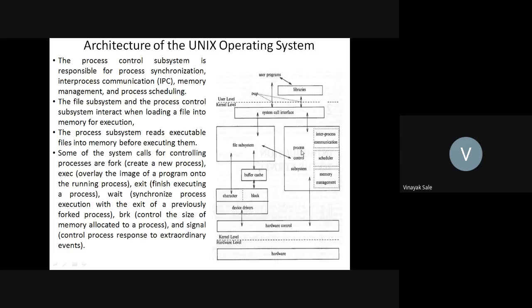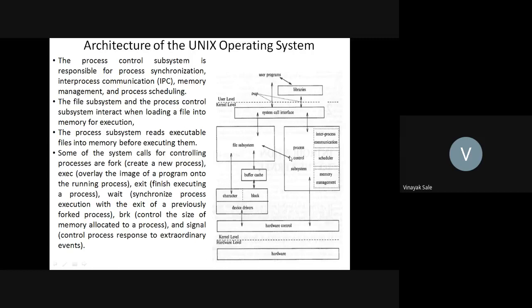Then we move towards the process control subsystem. It is responsible for process synchronization, inter-process communication, process scheduling, and memory management. The file system and process control subsystem interact when loading a file into memory for execution.